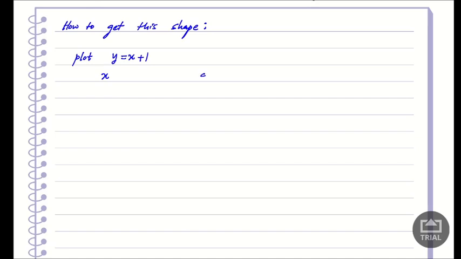So you took x values 0, 1, 2, something like this, minus 1, minus 2. You can have any other points, and then x plus 1, right? x plus 1 would be 1, 2, 3, 0, minus 1, something like this, and this x plus 1 becomes y.